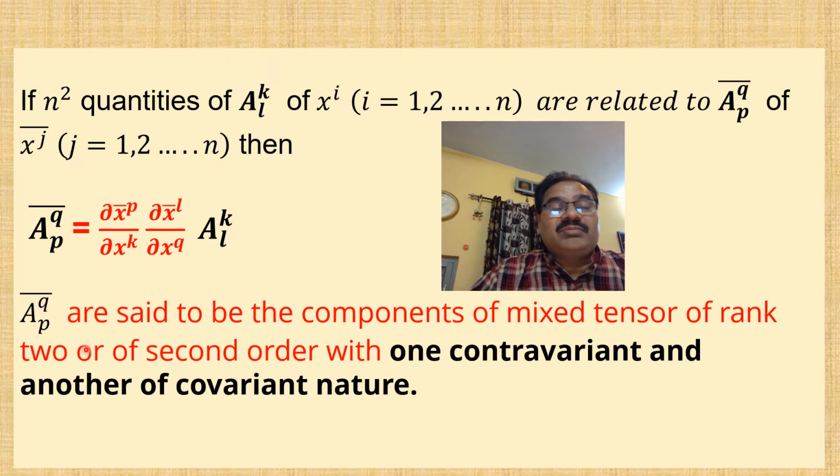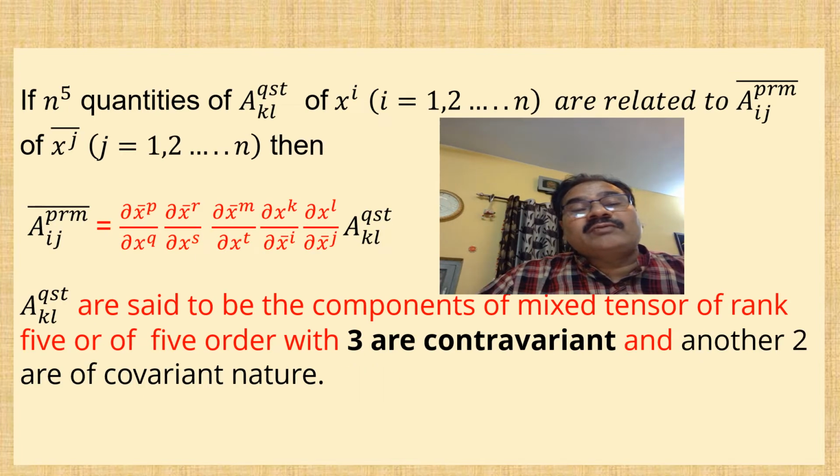So here A bar^q_p are said to be the components of a mixed tensor of rank 2, or of second order, with one contravariant and another covariant in nature. Similarly, if the n to the power 5 quantities A^{qst}_{kl} of x^i, i equal to 1 to n, are related to A bar^{prm}_{ij} of x bar^j, then you can define like this.